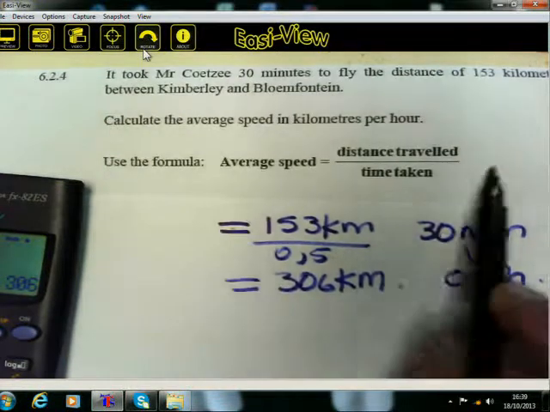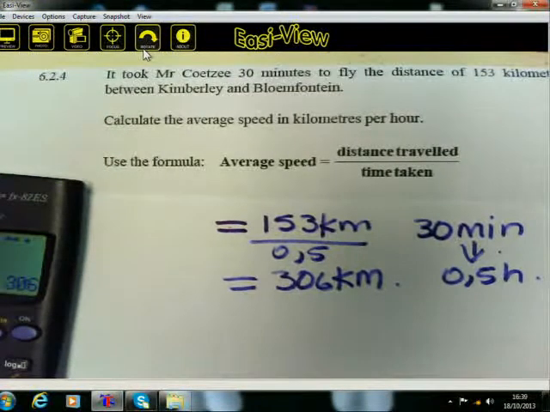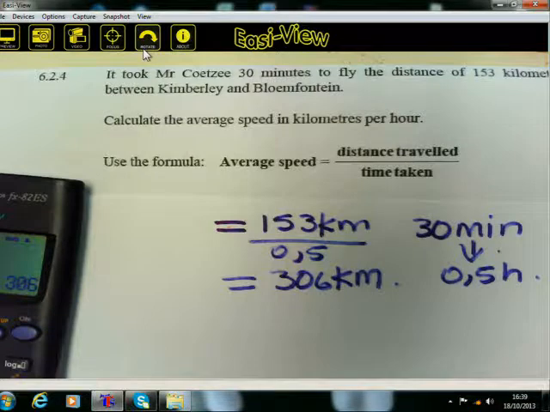Let's say, for example, the time was not given, and we have this formula, and they say you must calculate the time taken to reach Bloemfontein by Mr. Coetzee.